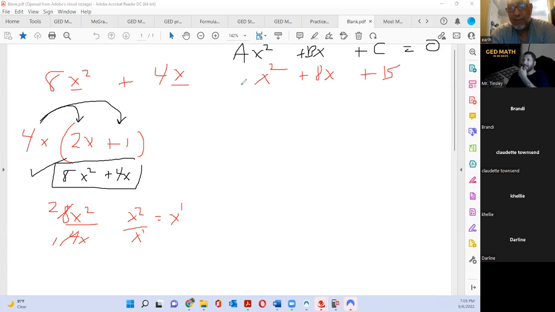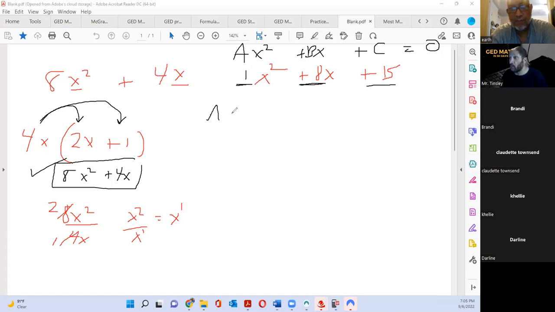My a is the coefficient of x squared, and there's nothing there, so it's 1. My b is 8. My c is 15. This is the standard form of a quadratic equation.